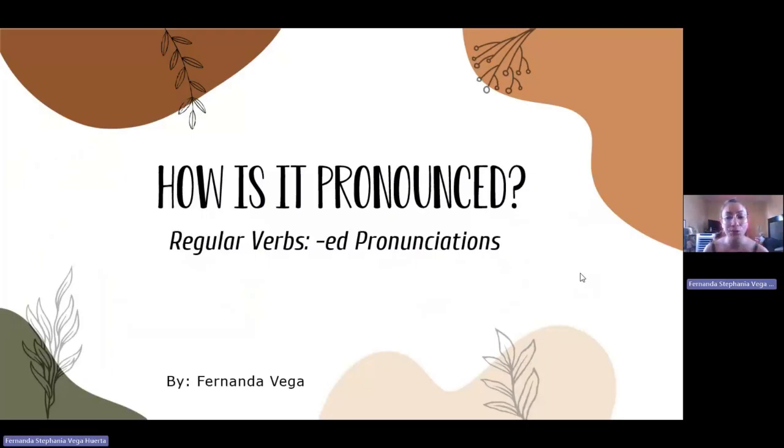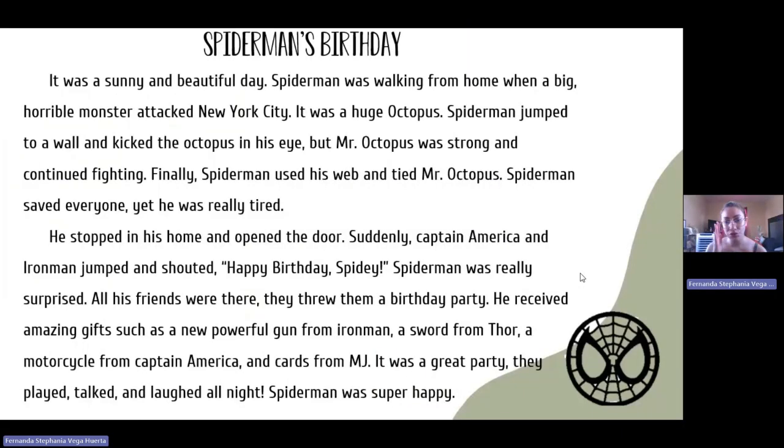their pronunciations. So in order to start this class, I do have a little story about Spider-Man's birthday, where students are going to read it and internalize everything that has to do with the story, and also identify the regular verbs in past that this story has.